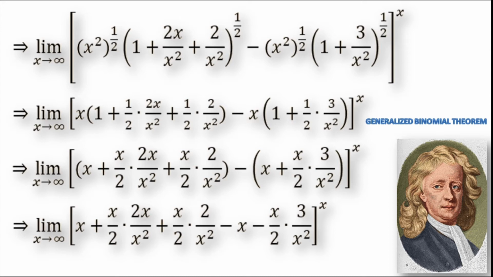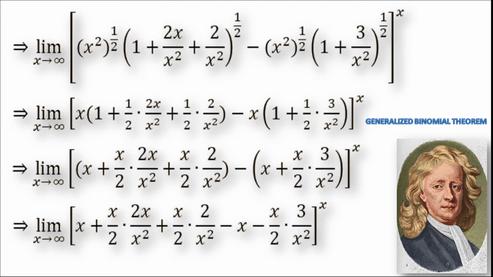Okay. So now we are going to multiply x into each term. After multiplying, that becomes x plus x by 2 multiplied by 2x by x square plus x by 2 multiplied by 2 by x square, minus x plus x by 2 multiplied by 3 by x square, whole power x.